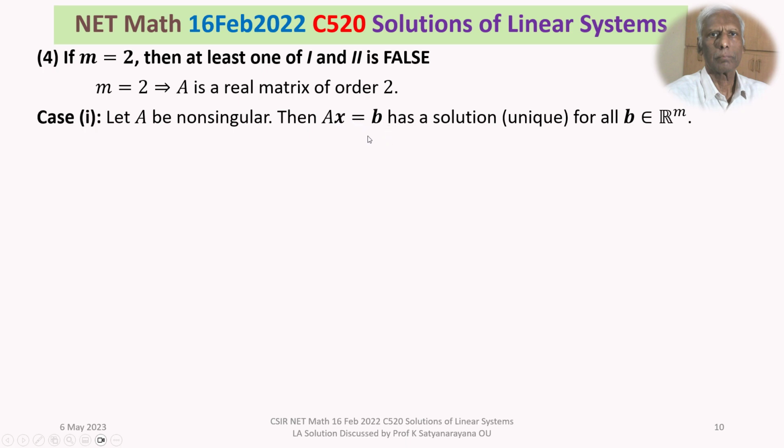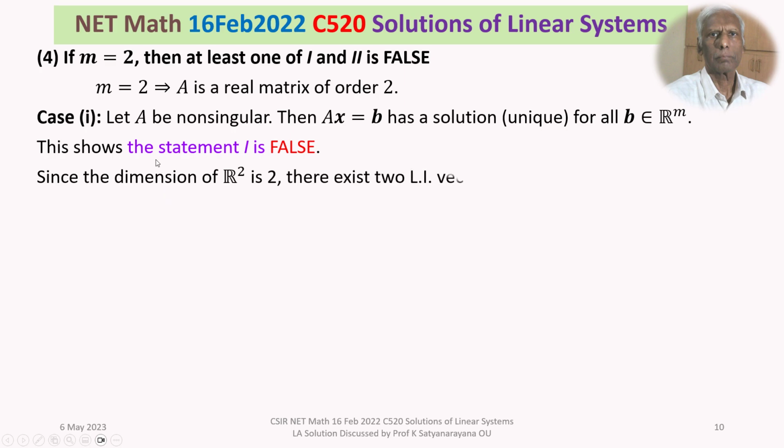And it exists, as a unique solution for each b in R power m. This shows statement 1 is false. Statement 1 says there exists a b belongs to R power m for which Ax is equal to b1 has no solution. But for each b, Ax is equal to b has a solution, and that too a unique solution. That is why statement 1 is false.